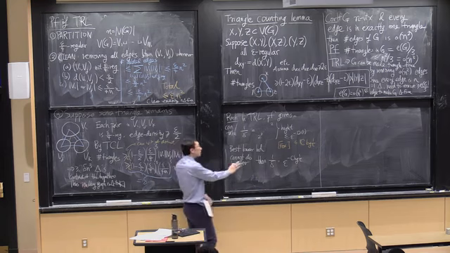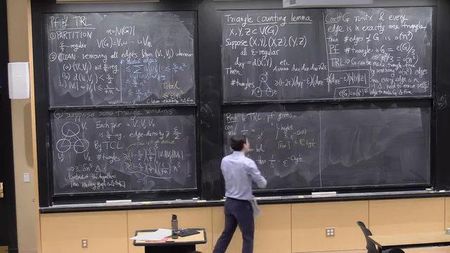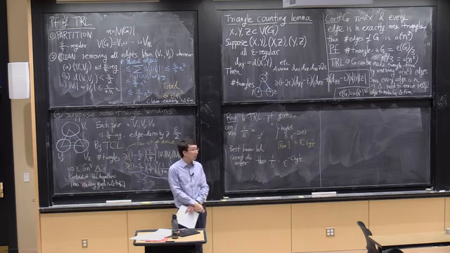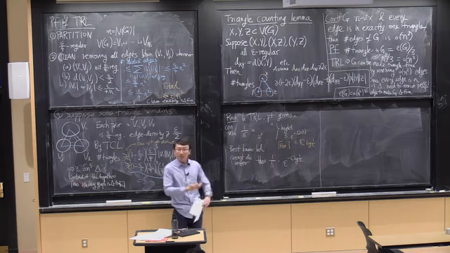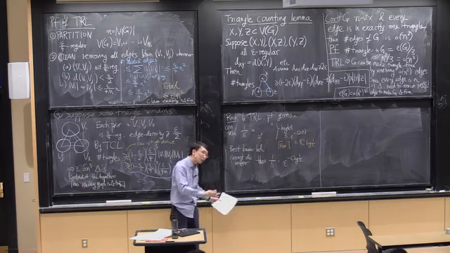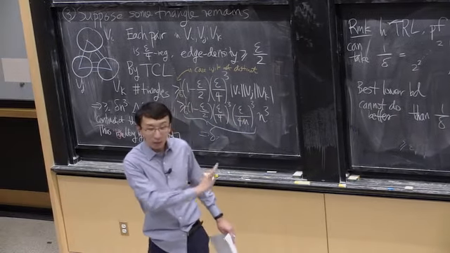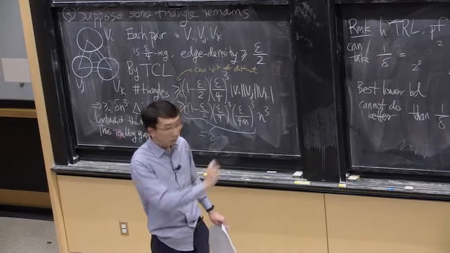It's a little bit bigger than polynomial in 1 over epsilon, but not that much bigger. So there's a very big gap in our knowledge on what is the right dependence between epsilon and delta in the triangle removal lemma. It's a major open problem in extremal combinatorics to close this gap.